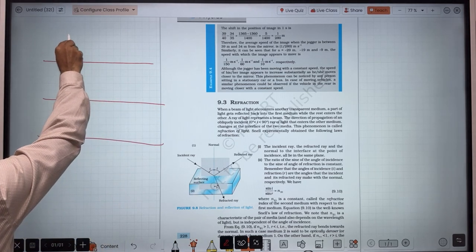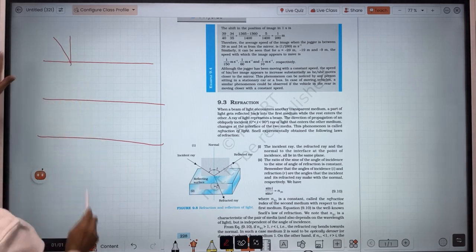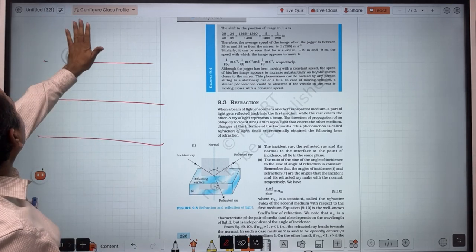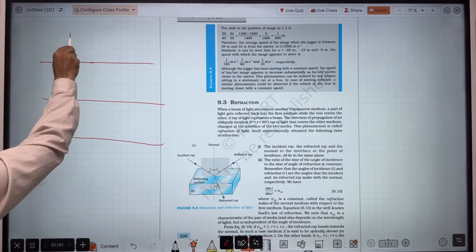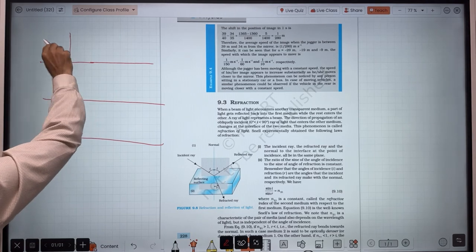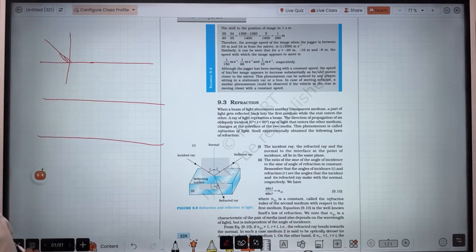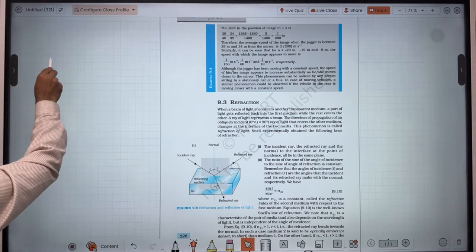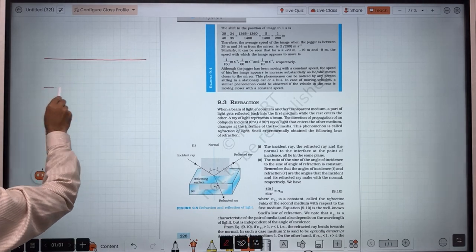Here we are considering, suppose this is the normal. This is one ray, right? We can make this angle a little wider. There is a problem in drawing, don't worry.